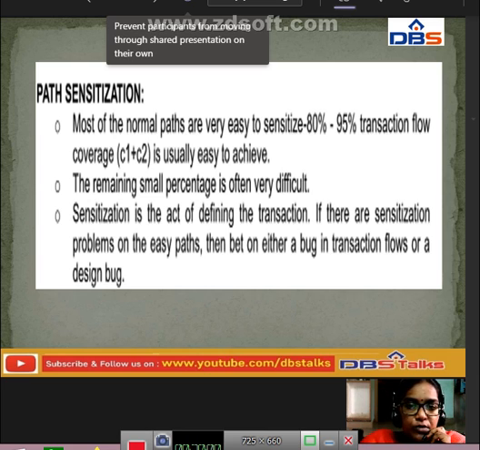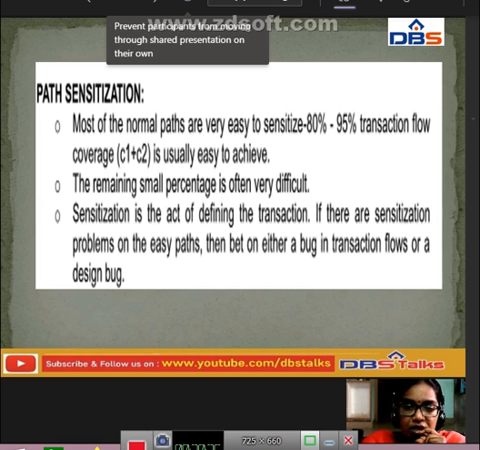Here the remaining small percentage is also very often very difficult. And here the sensitization is the act of defining the transaction, and if there are sensitization problems on easy paths, then we can bet it is either a transaction flow bug or a design bug, and we are going to bet on it once.